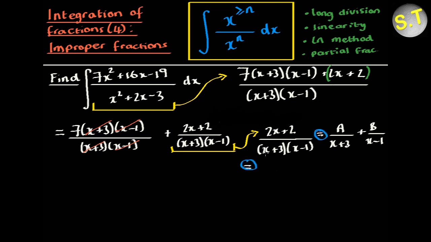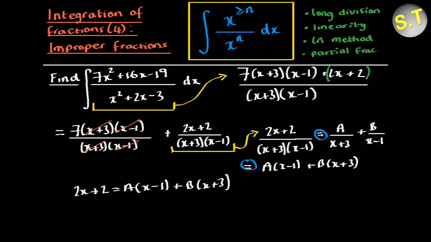If we multiply through by x plus 3 times x minus 1, we're left with a times x minus 1 plus b times x plus 3. Like we did in video 03.5, we can set x to be any value because we know that if we can integrate it, it must be continuous. So if we set x equals 1, we're left with 4 is equal to 4b.